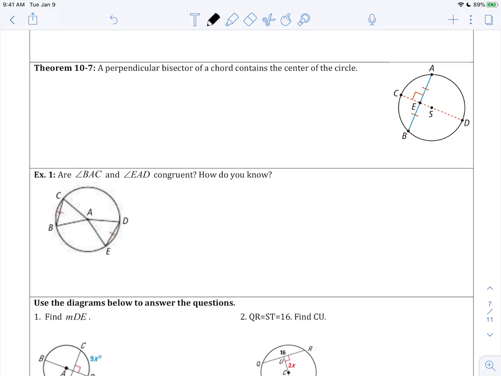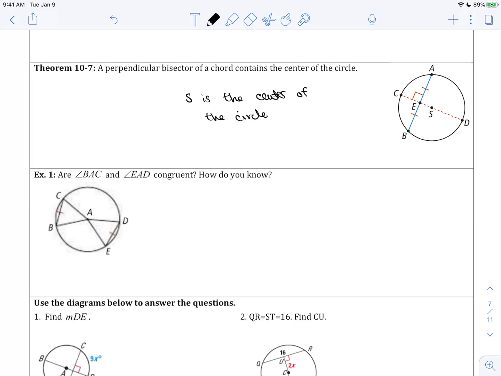So here I see DC bisects AB, right? It's also perpendicular to AB, so I know DC is a diameter. I know it goes through the center, so we know S is the center of the circle.